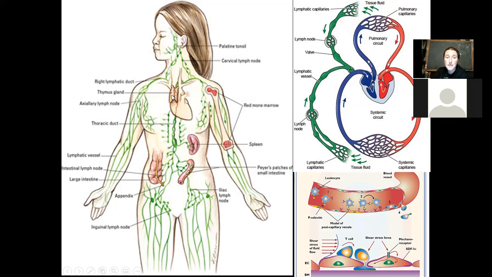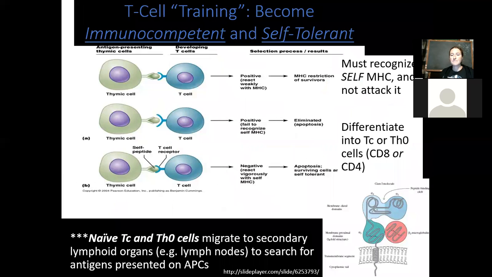Okay. And from the thymus, once the T cells are good to go, essentially they are going to jump into the lymph, migrate all around the body, and ultimately populate these different lymph nodes. Right. Again, so they have a front row seat to anything that is floating around in the fluids of the body, making sure that all of those things are good to go. Right. They belong to us. They are expressing the appropriate MHCs. All right, questions?